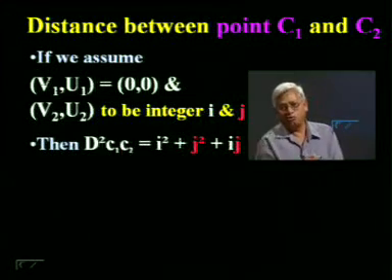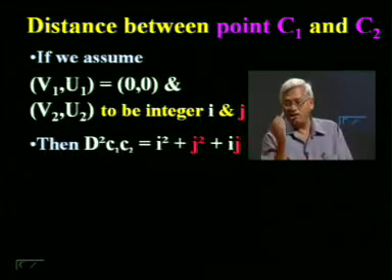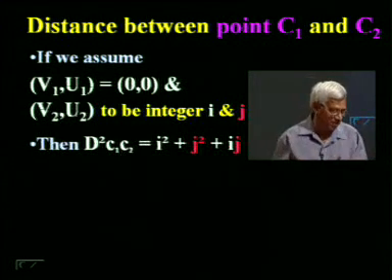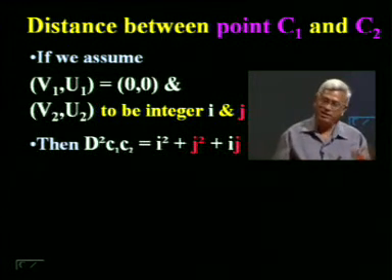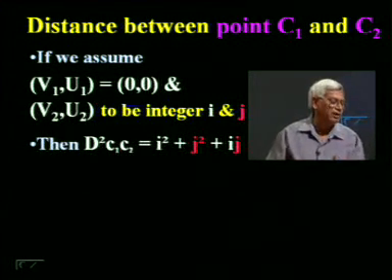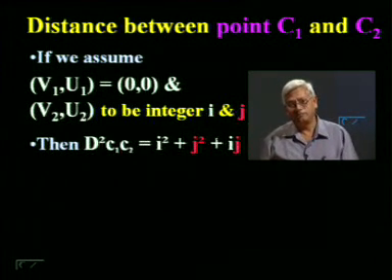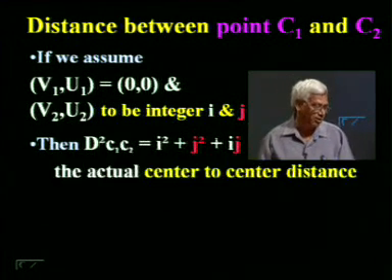So, the distance between C1 and C2, if we take u1 and v1 as 0 0 coordinates, and u2 and v2 as i and j, where i and j are two integers, then the distance between C1 and C2 becomes i square plus j square plus i j. This is the formula we have got.